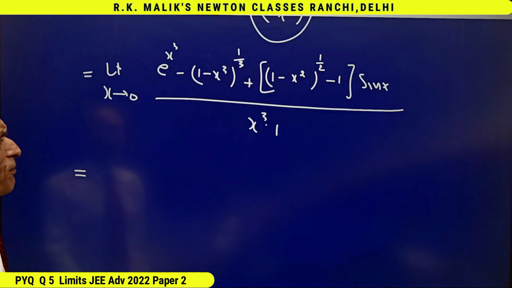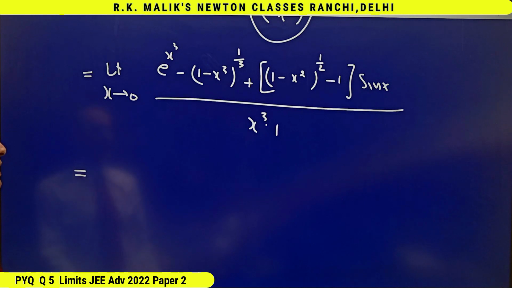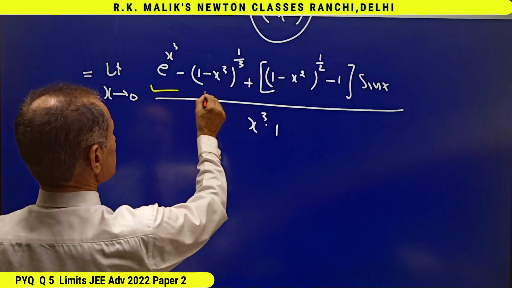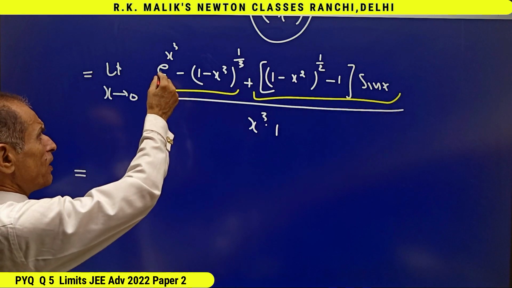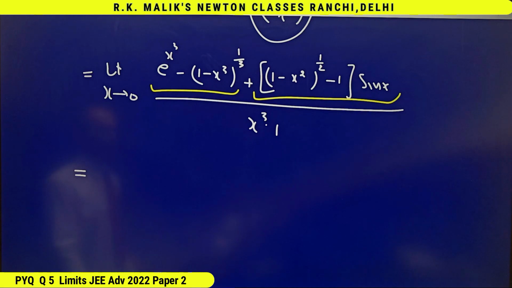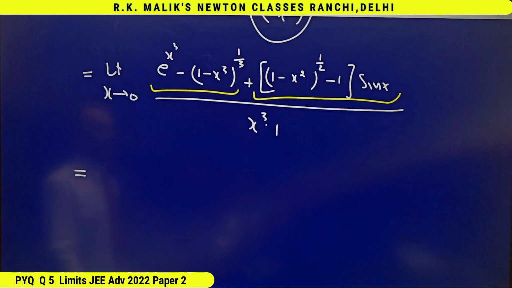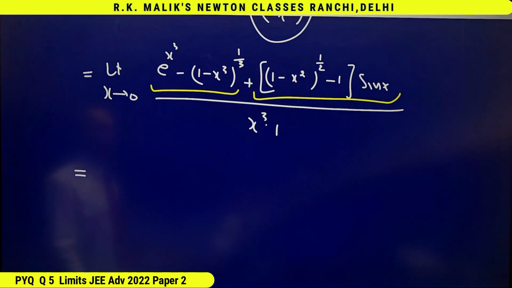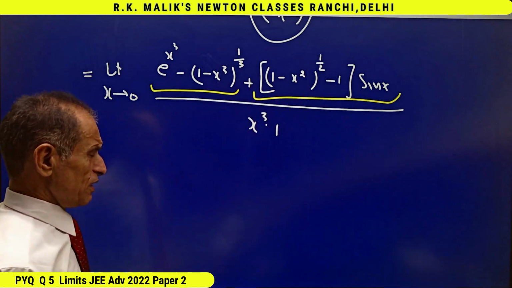Obviously, if I am able to divide the question into two parts, one part this, second part this, it will be easier for me to deal with, because in the first part everywhere x cube will be there and my calculation will become easy if I take x cube as t, and in the second part this upon this will be there.